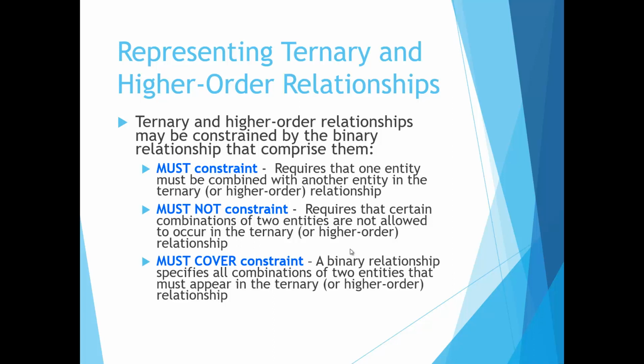And we have the must not constraint, which requires that certain combination of two entities are not allowed to occur in the ternary or higher order relationship. And the must cover constraint, which is a binary relationship, specifies all combination of two entities that must appear in the ternary or higher order relationship.